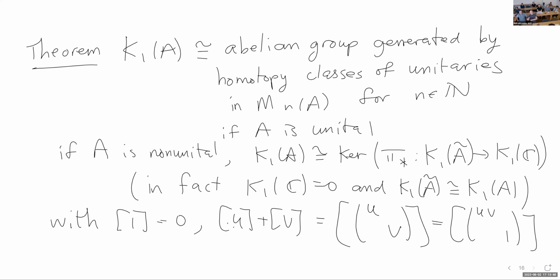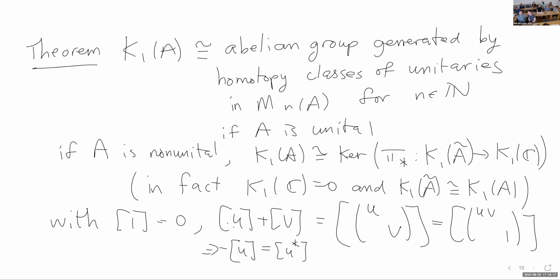This more important trick is another twist which shows that it's abelian. Yes, indeed, this shows that it's abelian with this operation as I've defined it. So in fact, this means that I can think of elements in this abelian group not just as formal differences, but as classes of single unitaries.